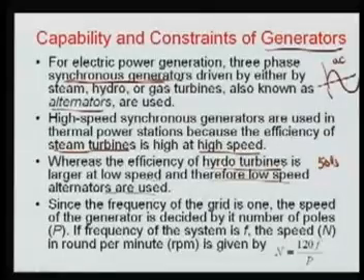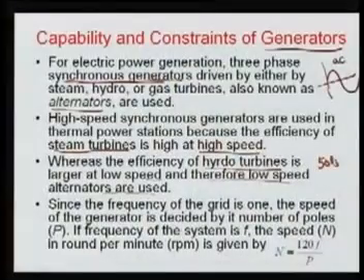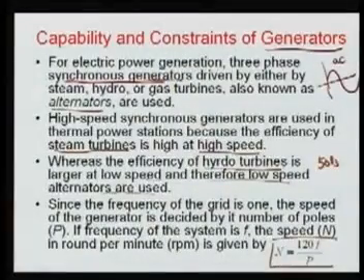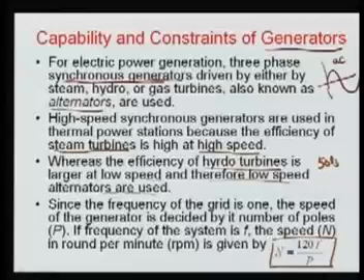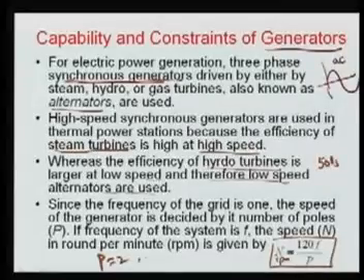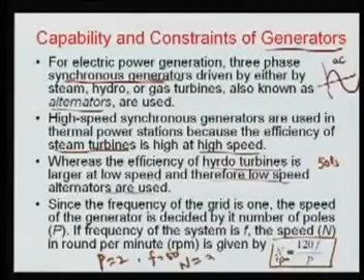The speed is related to the system frequency and the number of poles, and it can be given by the equation: n, the speed in RPM, equals 120 multiplied by the system frequency divided by the number of poles. The minimum number of poles cannot be less than 2, and if your system is operating at 50 Hertz, then n will be 3000 RPM.